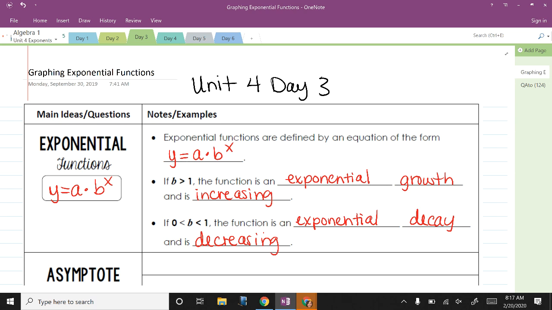But when we have an exponential function, y'all, exponents raise something to a power. That means we multiply more rapidly, right? Let's just start with 2. 2 squared is 4. 4 squared is 16. There's a big jump between 2, 4, and then 16, right?